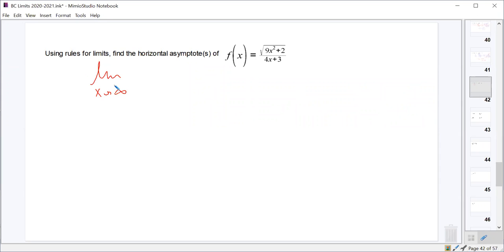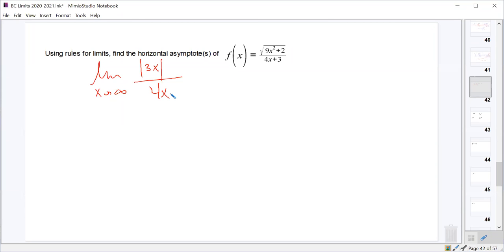No. And so what does the square root of 9x squared become? 3x. Almost. Remember, the square root of x squared is equal to the absolute value of x. So this is the absolute value of 3x over 4x because the plus 3 becomes insignificant.